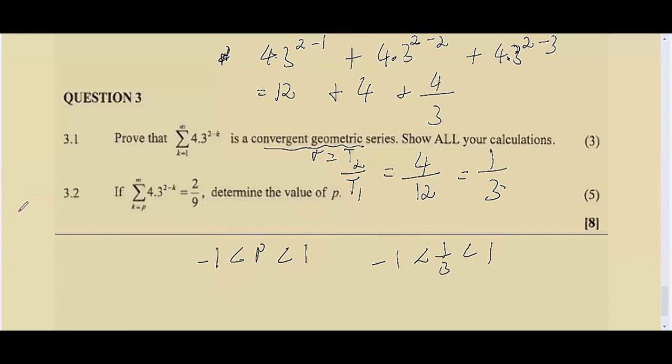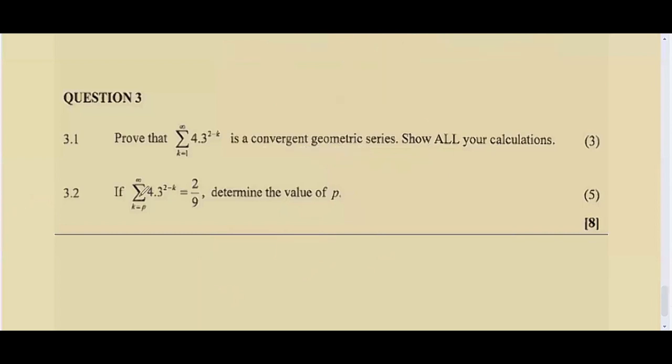Right. Then they say if the sum to infinity is that, that means it now gives you 2 over 9. So they gave you the value for the sum to infinity here. That means all you have to do is calculate the value of p, right? So the p that they gave you is this one.